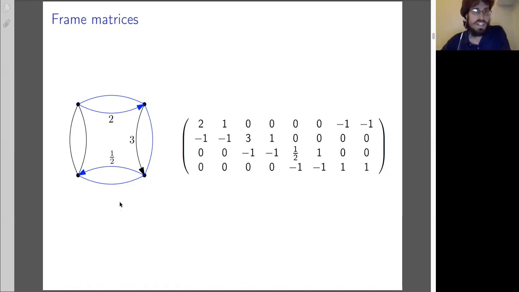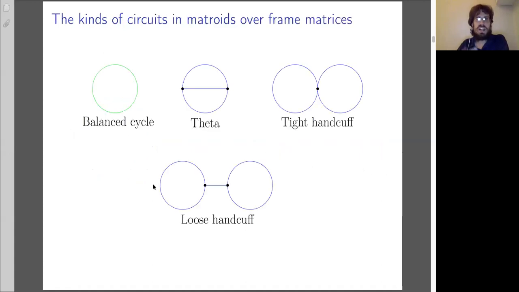And so that gives us a circuit of the corresponding matroid, which consists of these 2 cycles together with a path between them. And you can carry on this analysis, and you can work out precisely what the circuits in a graph represented over such a matrix will look like.